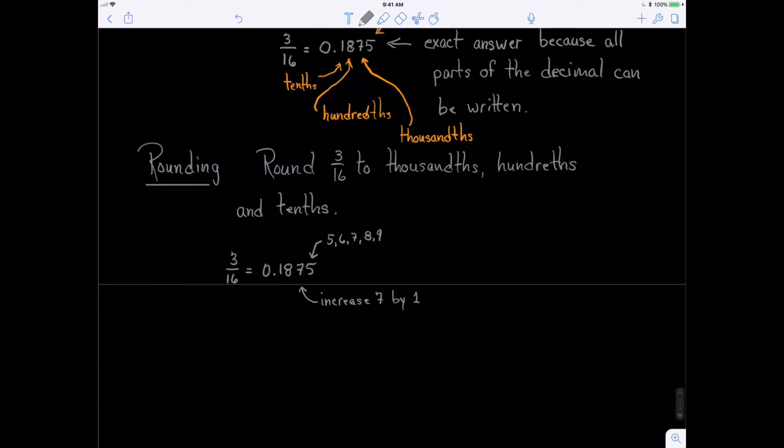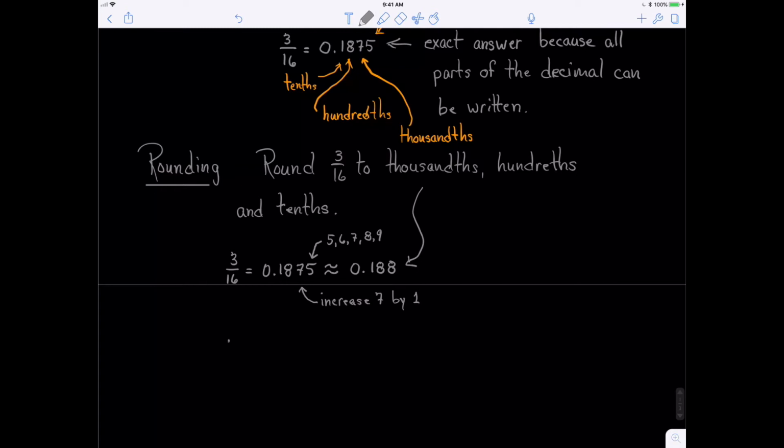But notice that I'm changing the number just slightly, so instead of writing equals, I write an approximation sign, the squiggly equal. So I have 0.188. The 7 increases by 1 to become an 8, and so this is to the thousandths.